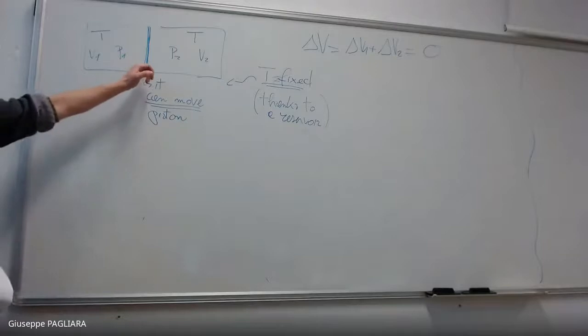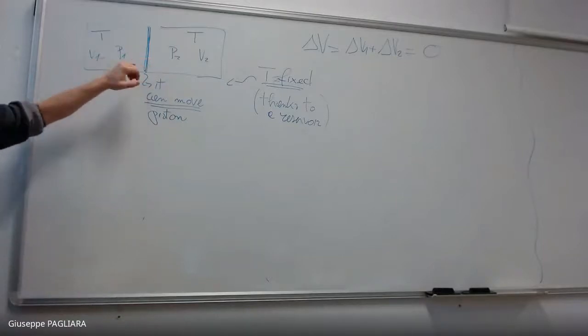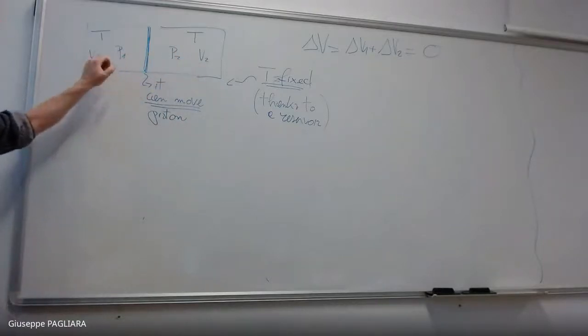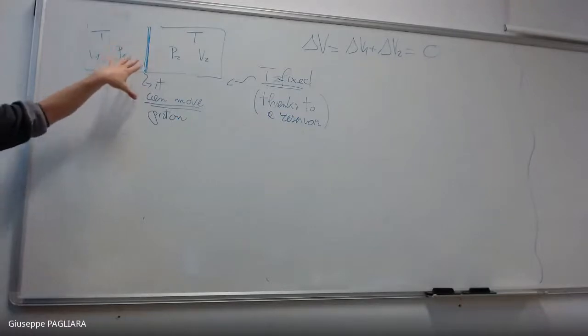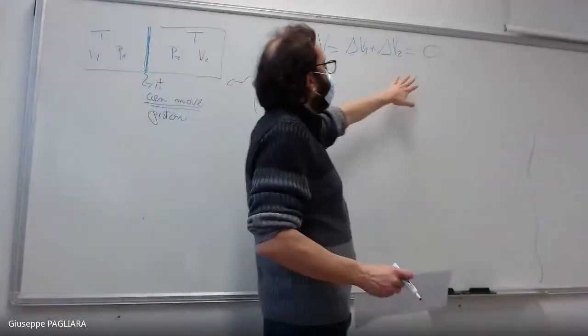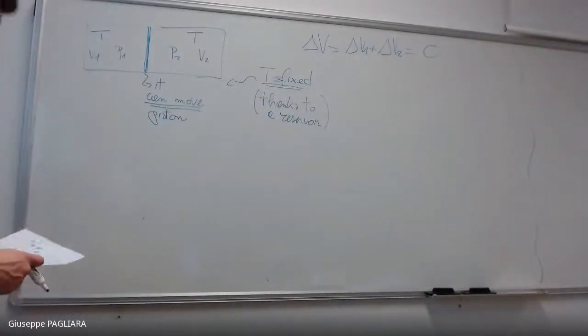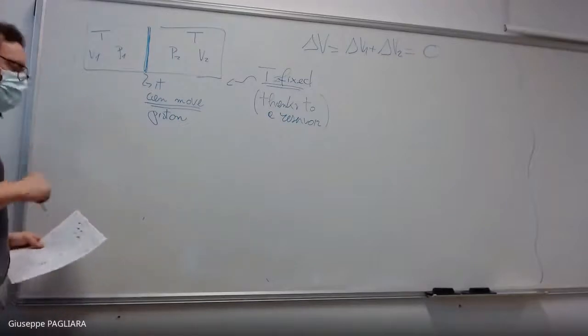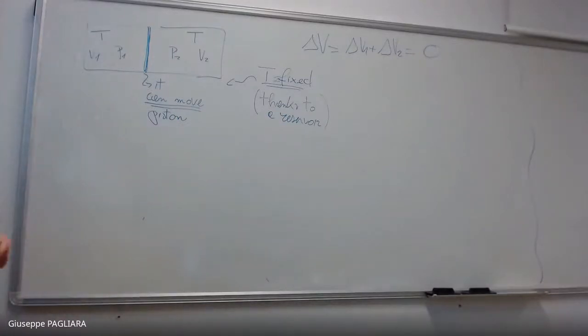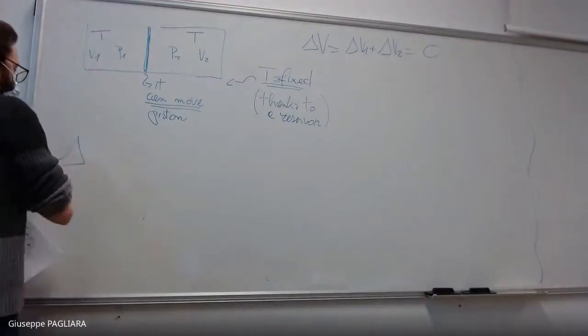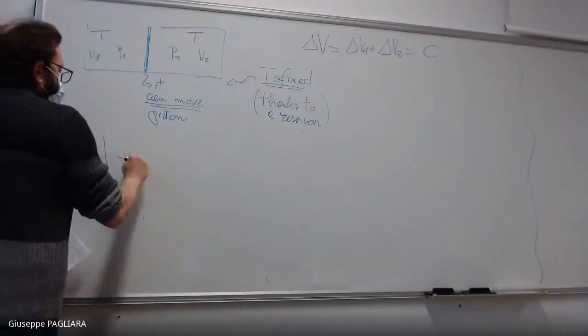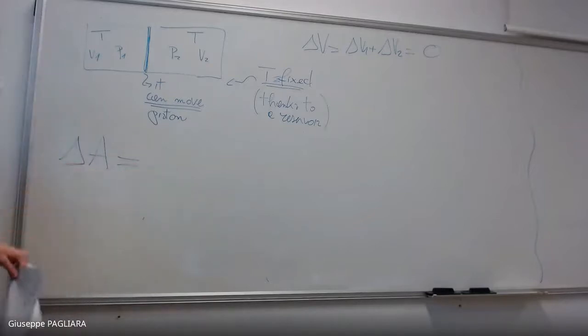But now, since this can move, I can have a variation of the volumes. But of course, the total volume will be the same. So delta V is equal to 0, and this is the sum of delta V1 plus delta V2. Now, as before we computed the variation of the entropy, which was the right variable to be used, now we will consider the total variation of the Helmholtz free energy, because this is the right condition now that the temperature is fixed and the total volume is fixed.